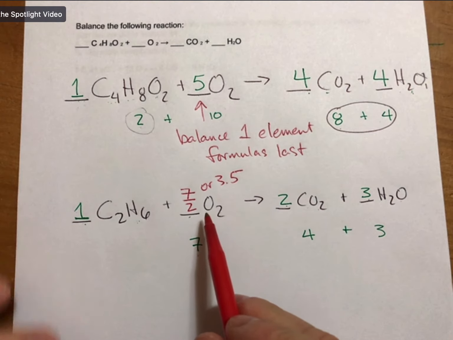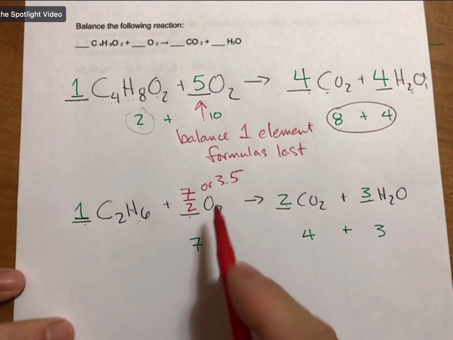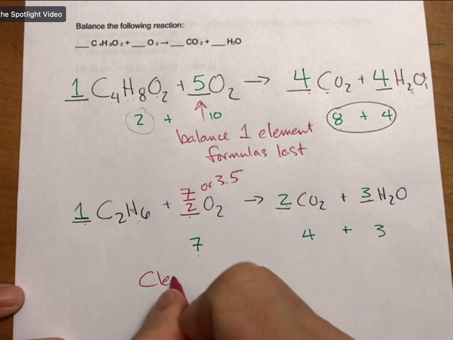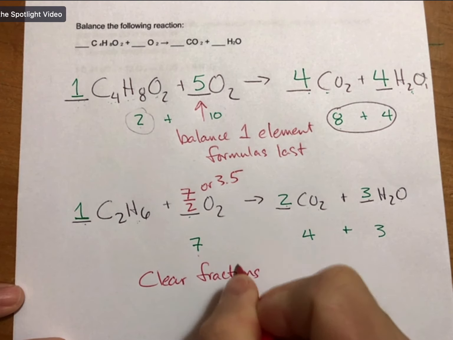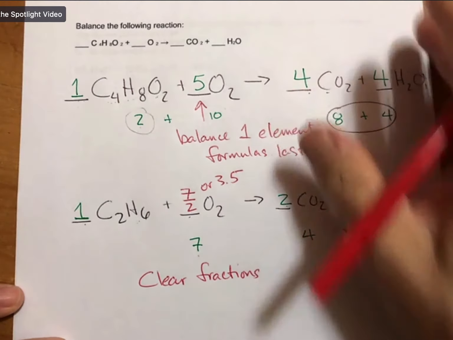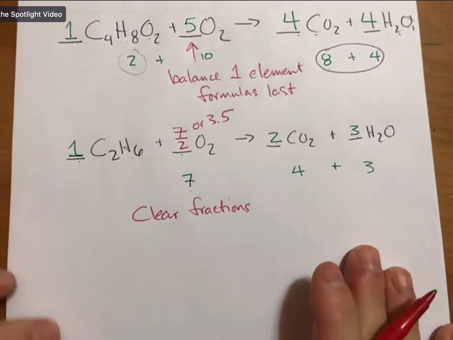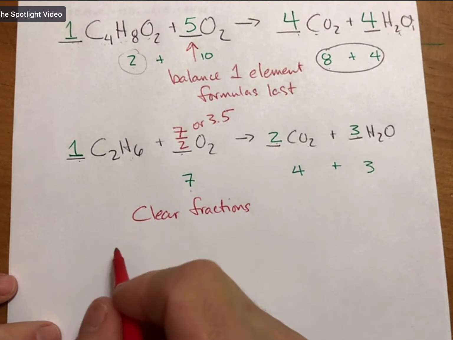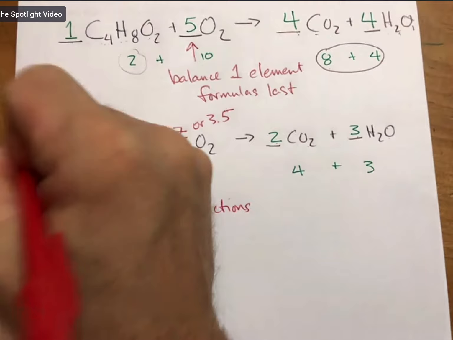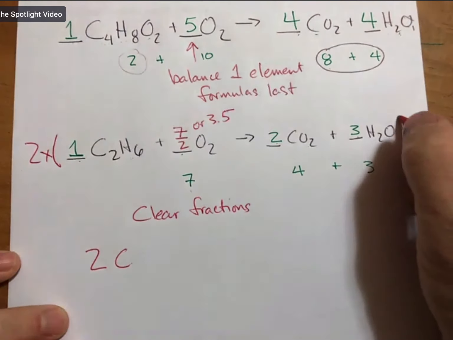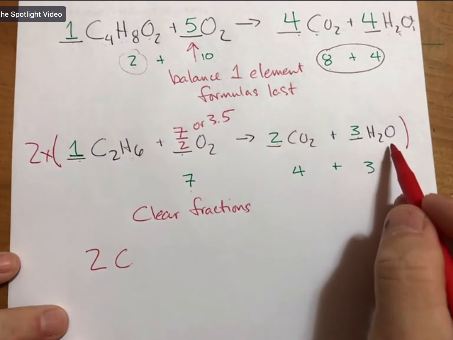But what you have to know is that whenever there's a fraction, the last step is to clear fractions, because balanced chemical reactions have whole numbers, not fractions in them. So my final answer for this one would be to multiply the entire reaction's coefficients times 2.